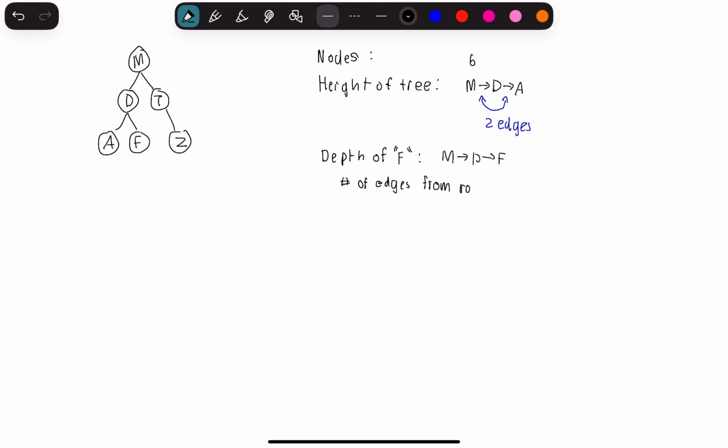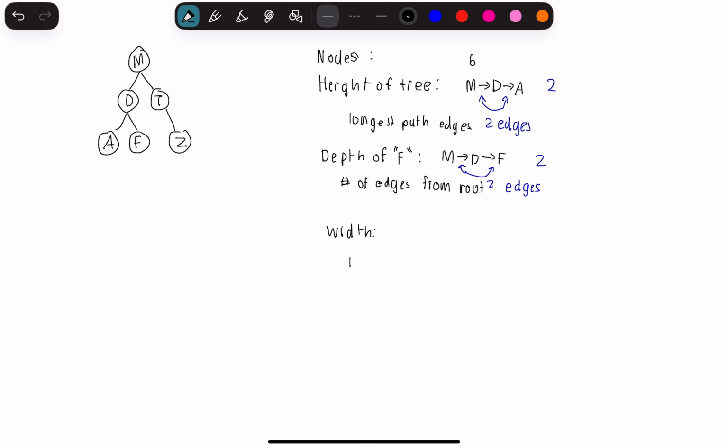So from M to D to F, we can see that this is going to be 2 edges.